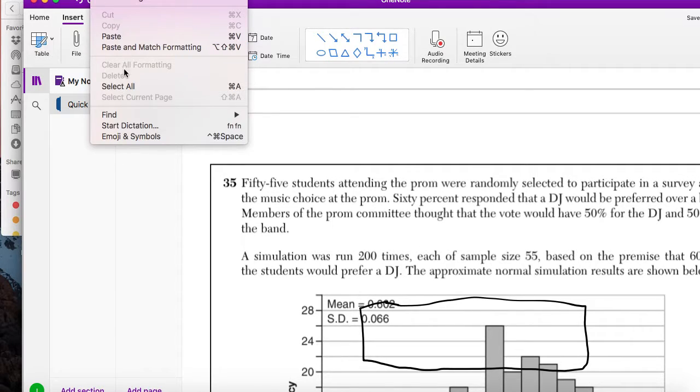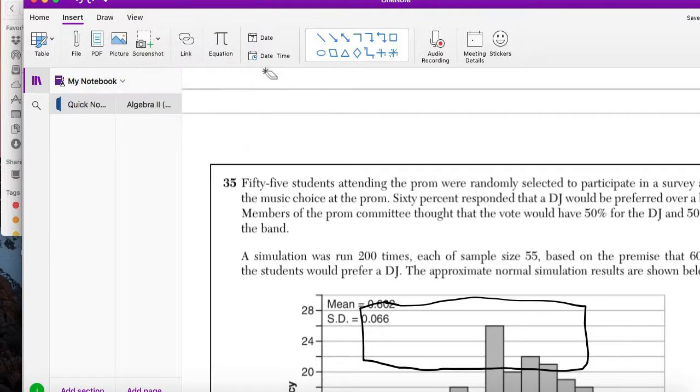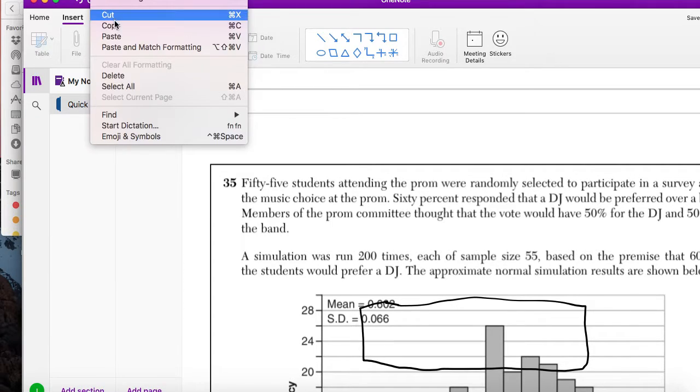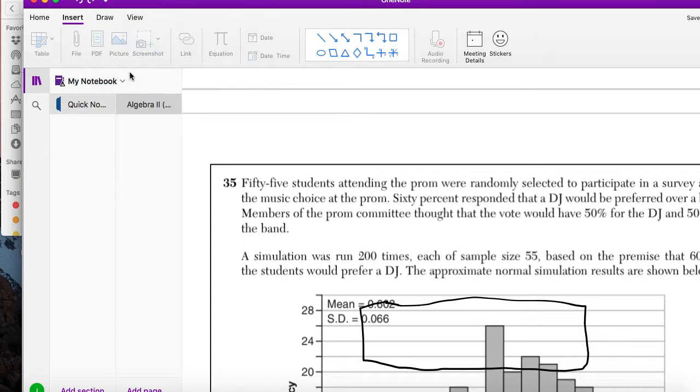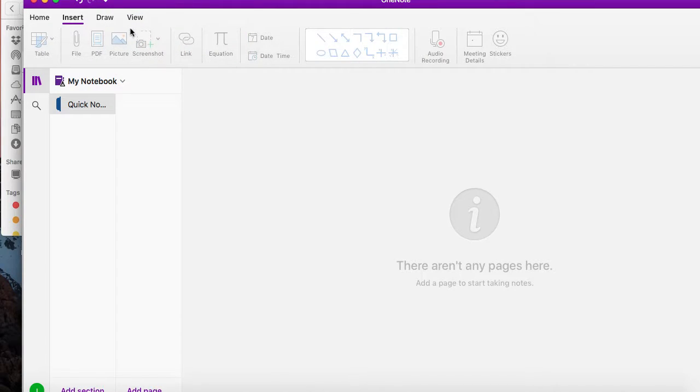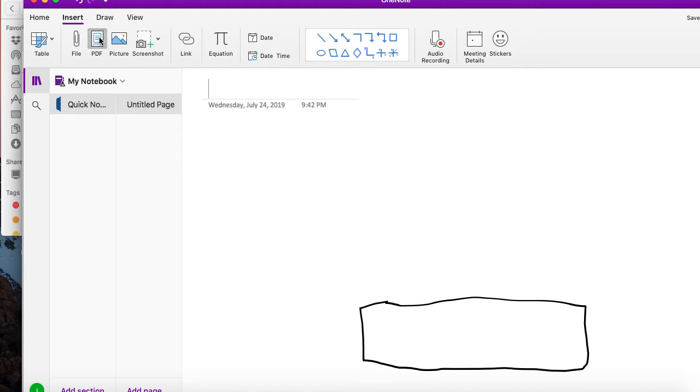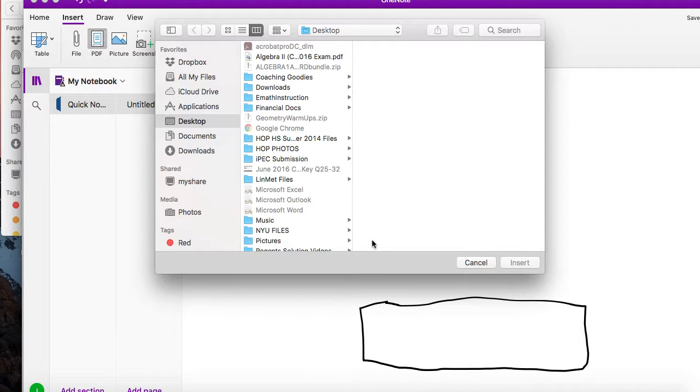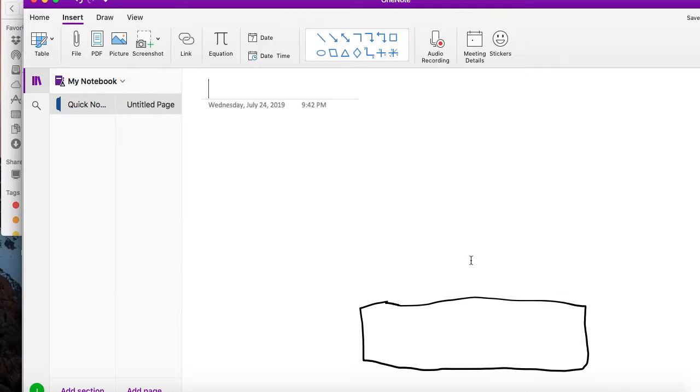It shouldn't take too long, within a minute, all right? So I'm going to insert PDF. Oh, that box is still there. I'm going to close this, guys, and reopen.